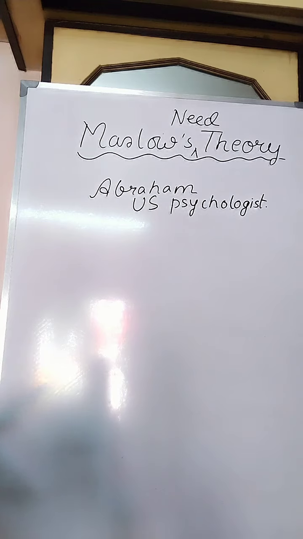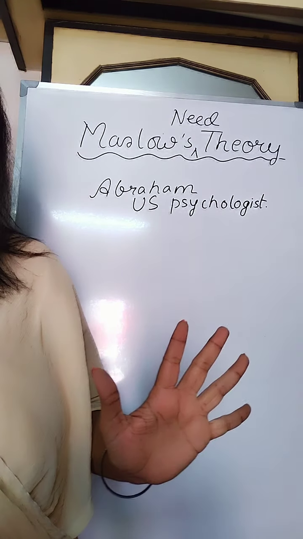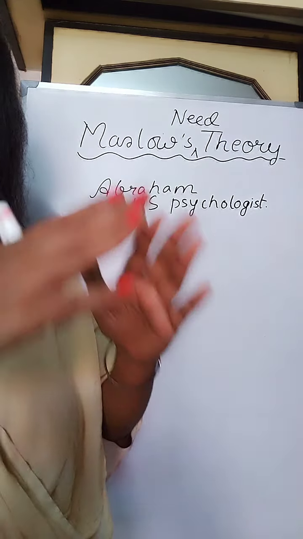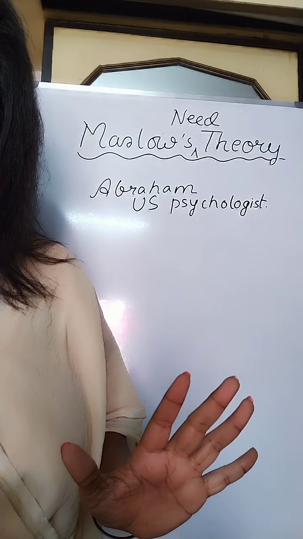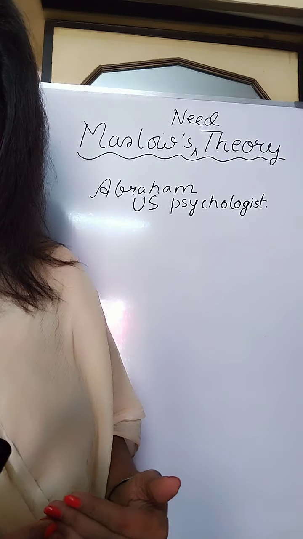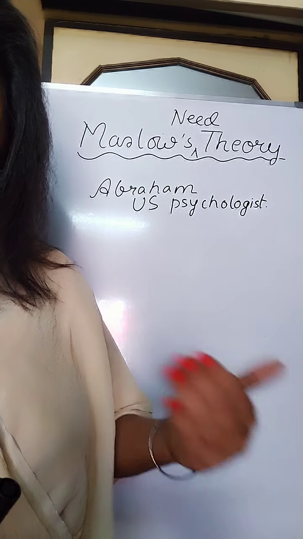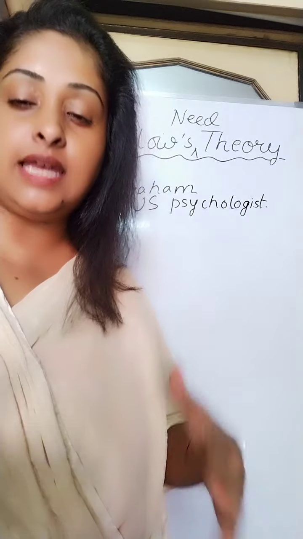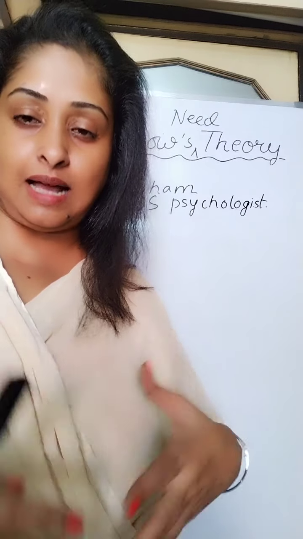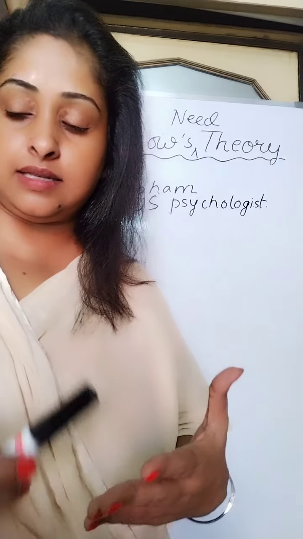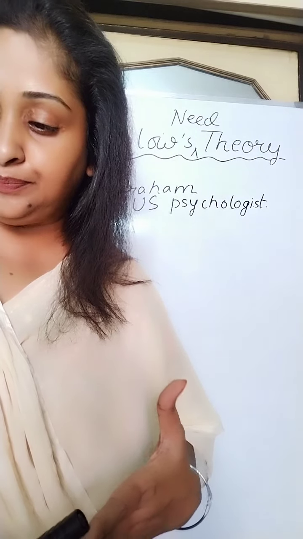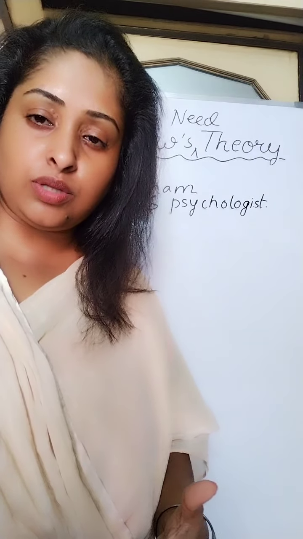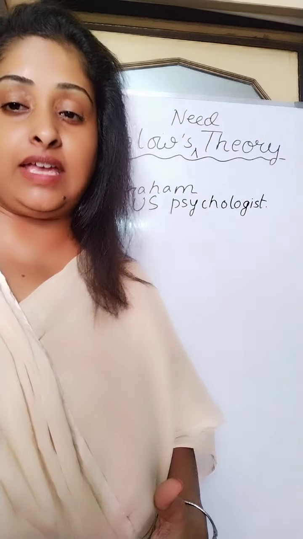He has categorized human needs into 5 categories. Maslow viewed human motivation as a hierarchy of 5 needs, ranging from the most basic physiological need to the highest need, the self-actualization need. So it is a hierarchy, it comes in a pyramid form, and it starts from the basic physiological needs to the highest self-actualization needs.